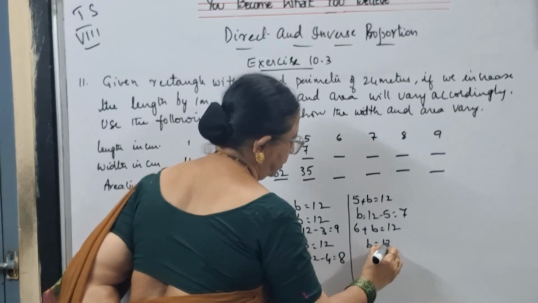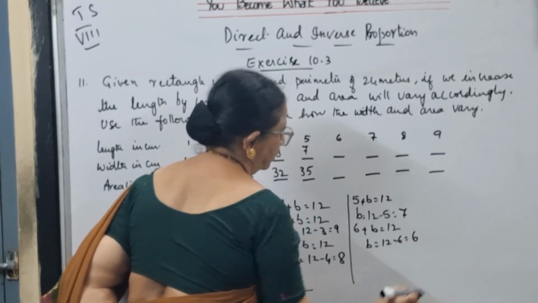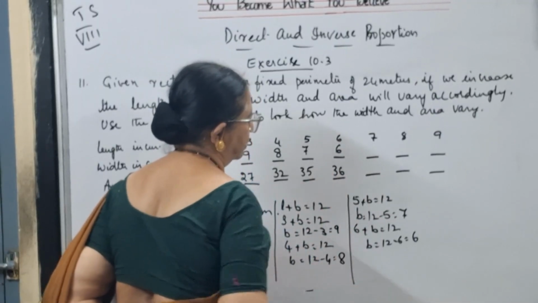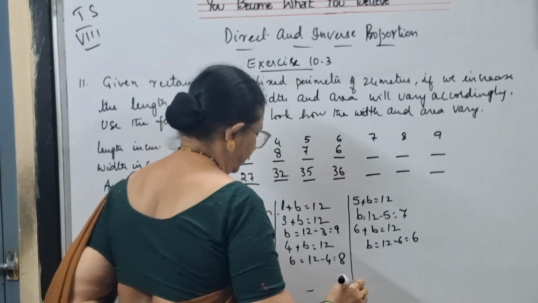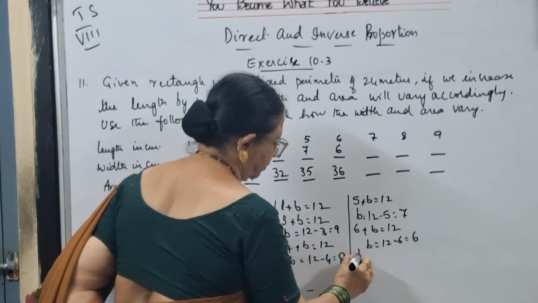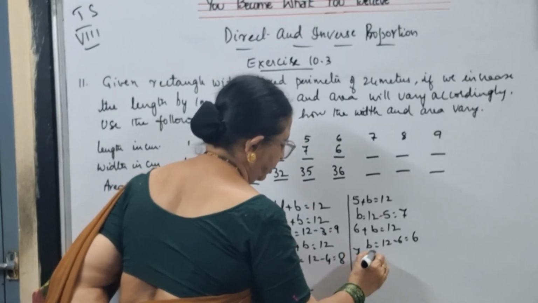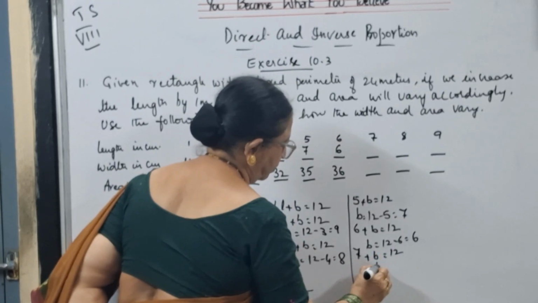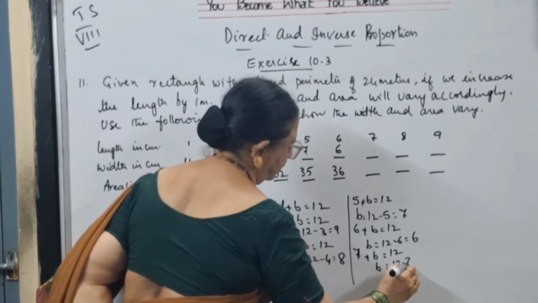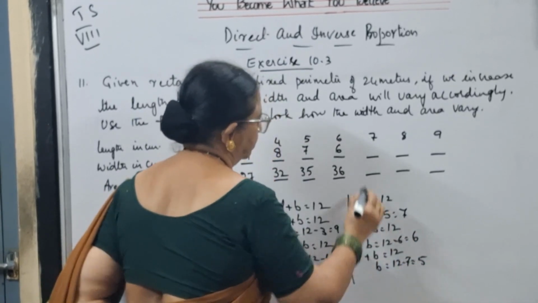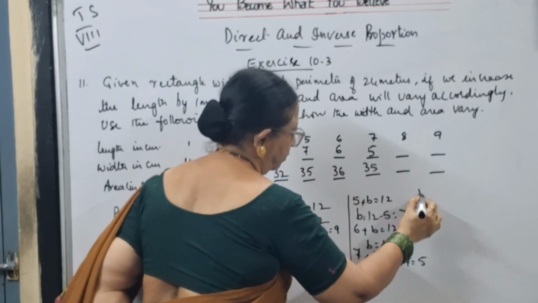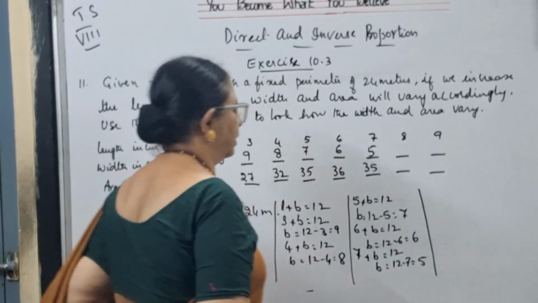So B is 12 minus 6, that is 6. 6 6s are 36 square centimeters is the area. And if length is 7, 7 plus B is 12, B is equal to 12 minus 7, that is 5.